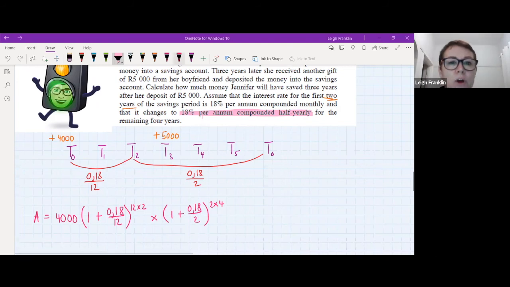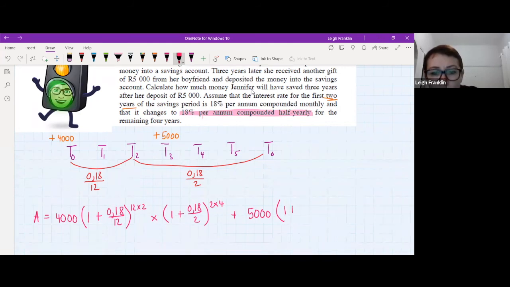You're quite right. So what we've got to do now is add in the 5,000 Rand that she received, because she didn't just get 5,000 Rand, she also got the interest. How long is the 5,000 Rand going to be in the account for? You can count here. It's going to be in here for 1, 2, 3 years.